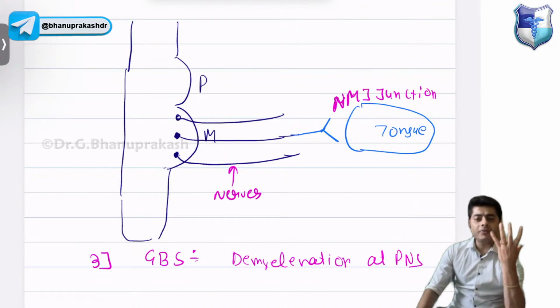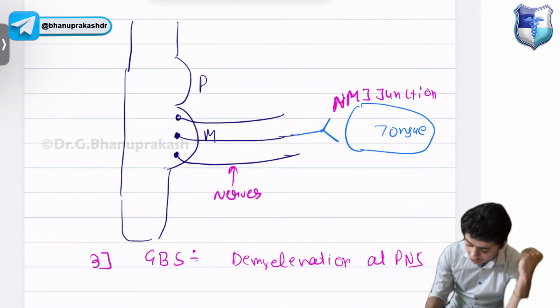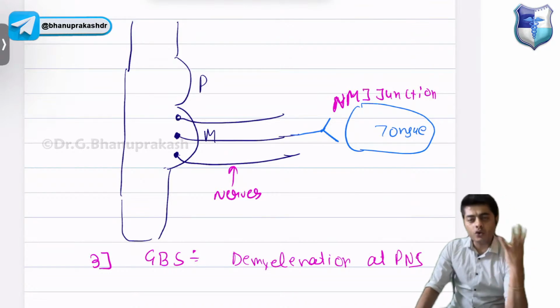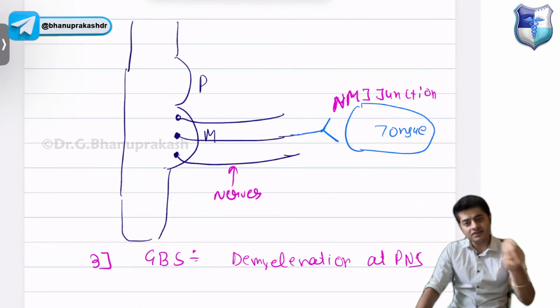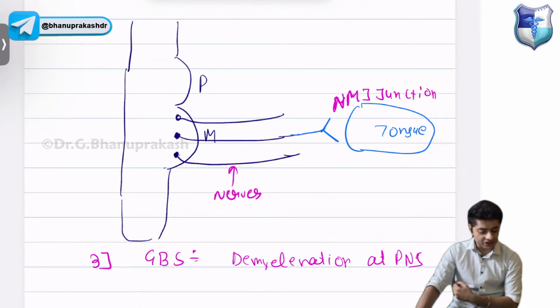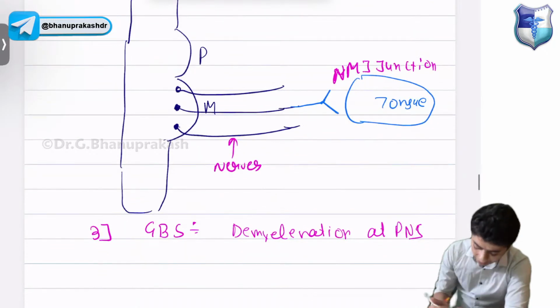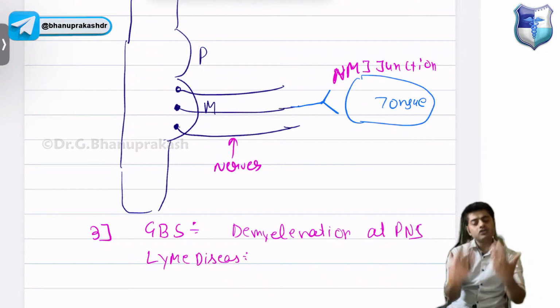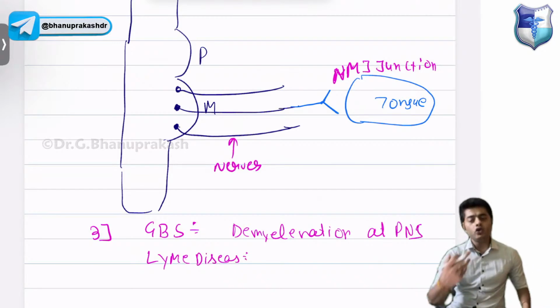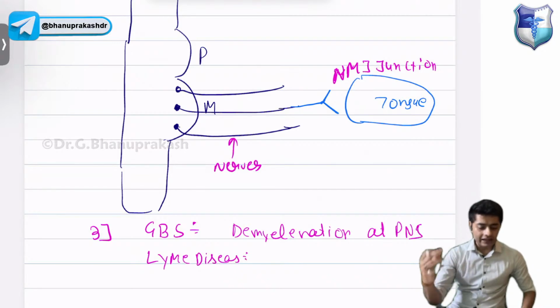So, demyelination में भाई बहन कौन है? Multiple sclerosis and Guillain-Barré syndrome. Guillain-Barré बाहर, MS अंदर. MS at CNS, GBS at PNS. Other can be your Lyme disease, a tick-borne infection, which also affects your nerves. It does neuropathy.